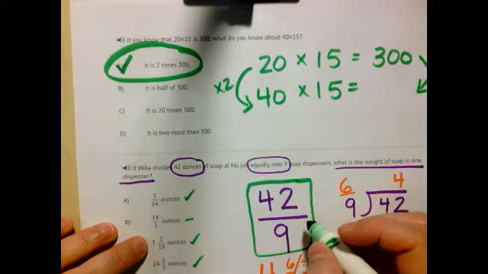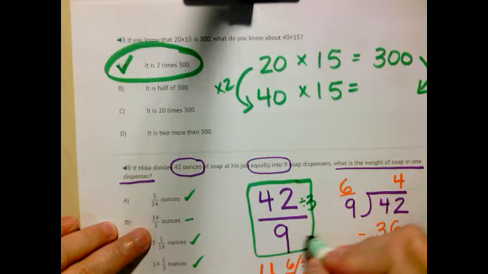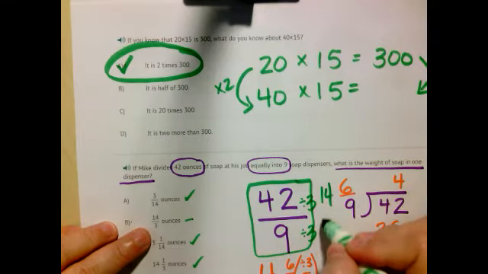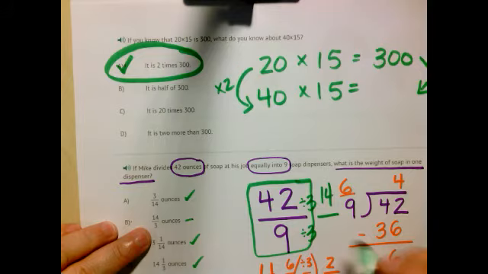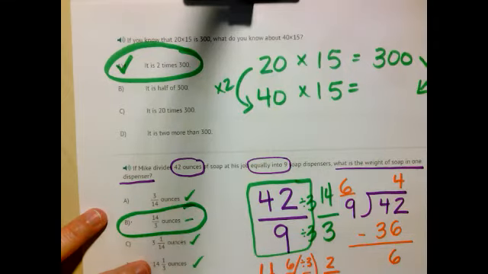So if I divide, let's use 3 here. 42 divided by 3 is going to give me 14. And 9 divided by 3 is going to give me 3. So in this case, I actually end up with 14/3.